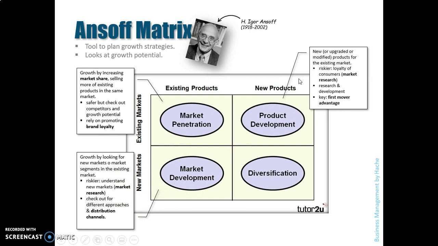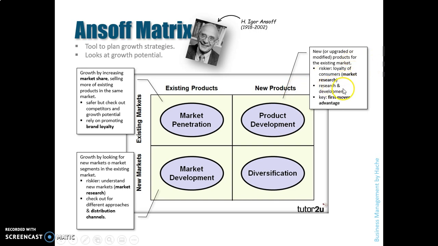Another possibility is product development. In this case, you don't go to a new market. Instead, you create a new product or upgraded or modified versions of the products you already have in the same market. So you stay in the market, but offer new products or a variation of the products you already have. It is also riskier. It would also require market research to find out whether your new product or your modification will sell.